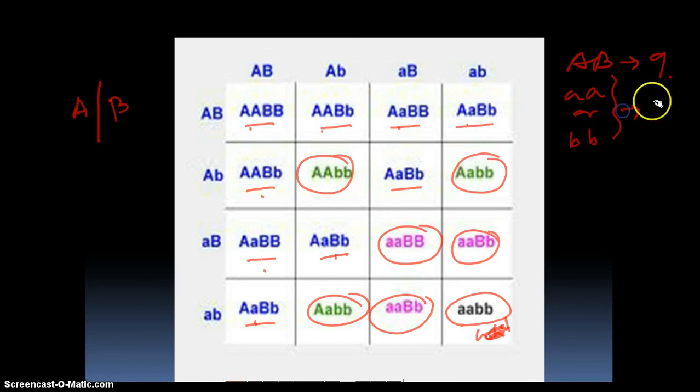These 7 kinds of genotypes will express the recessive phenotype of this dominant recessive epistatic interaction.